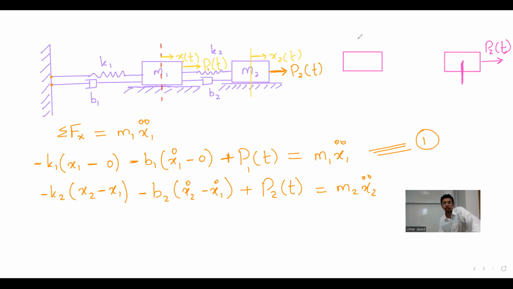Am I recording? Okay. This is mg. Then there is a normal force. Then I have Fs2. Then I have damping force, let's call it Fd2 or B2, whatever.